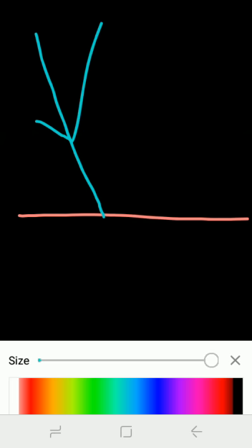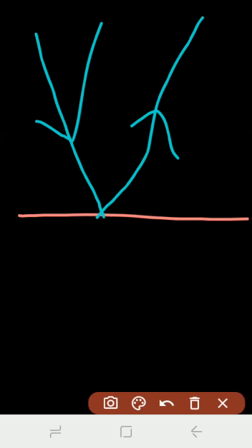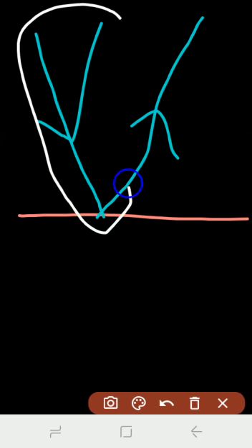See, if this is a surface and there is a ray of light which is striking over here, it gets bounced back as I have told.